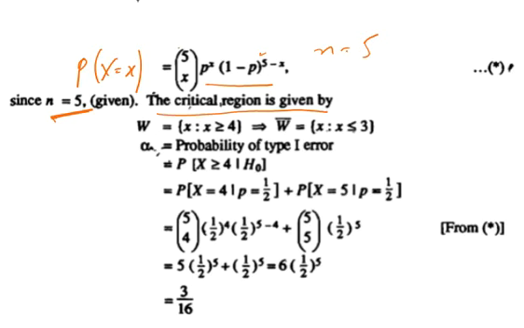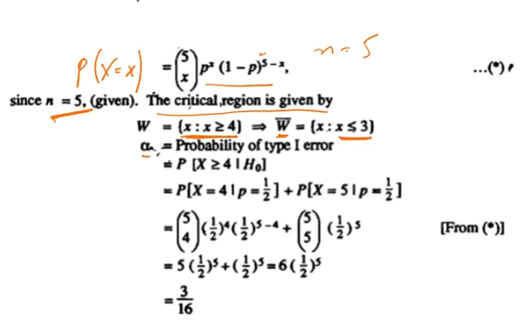Now more than 3 means 4 and 5. This is the critical region. If the number of heads is 4 or 5, then we have to reject the null hypothesis, and the acceptance region is W bar, where x is less than or equal to 3.